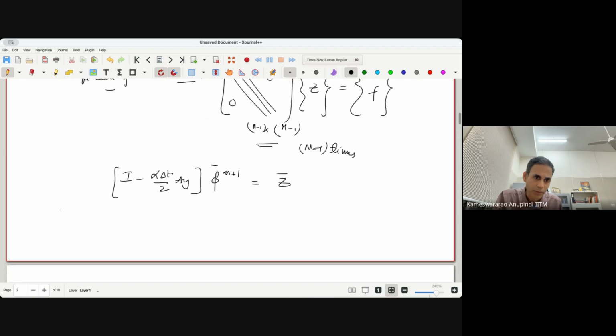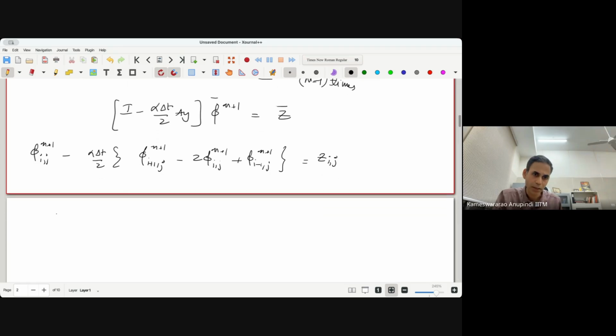Okay, so if we have to discretize this, we're going to get phi i j at n plus 1 minus alpha delta t by 2 times phi i plus 1 j at n plus 1 minus 2 phi i j at n plus 1 plus phi i minus 1 j at n plus 1 equals z i j.